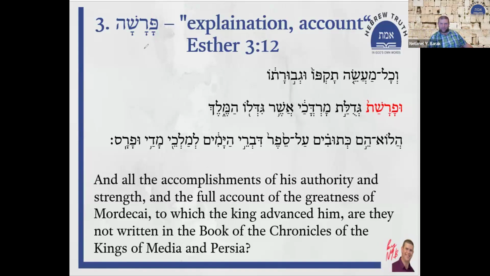The word parasha appears only here, only in the Book of Esther, not in earlier parts of the Bible. And again, it comes from the Aramaic in this context, in this sense of explanation, account, which later on would become the way we use it in post-biblical Hebrew.